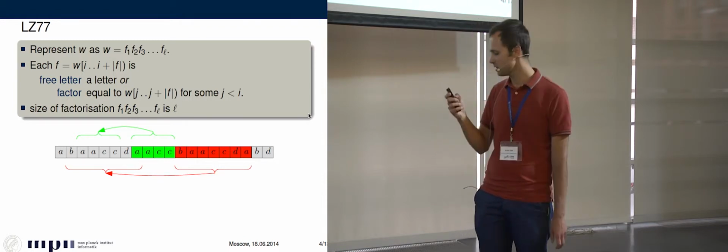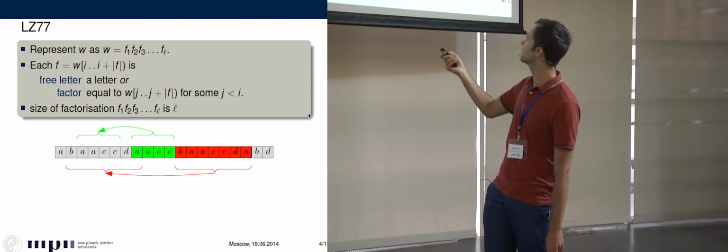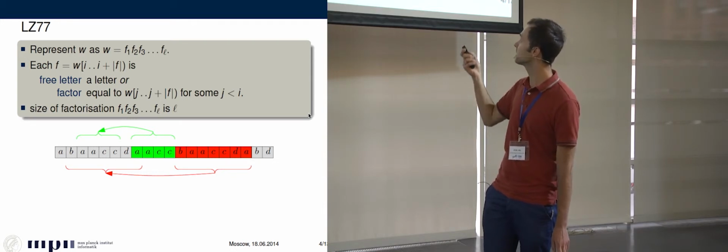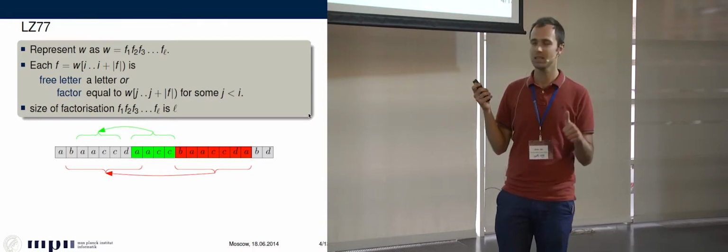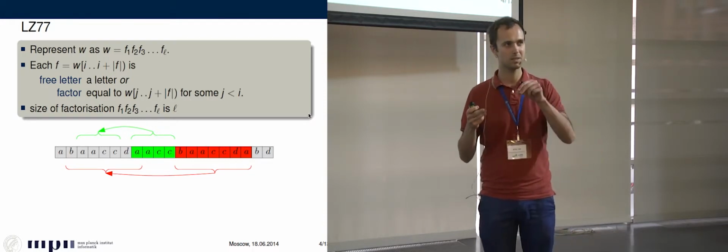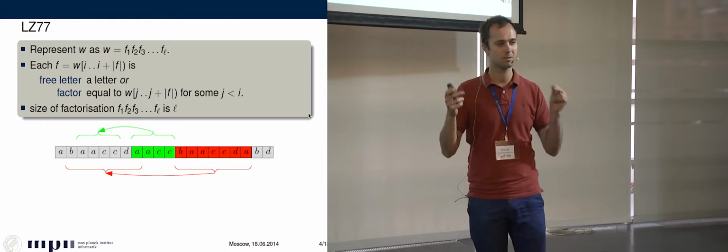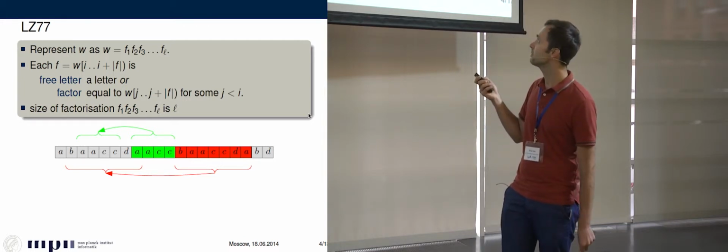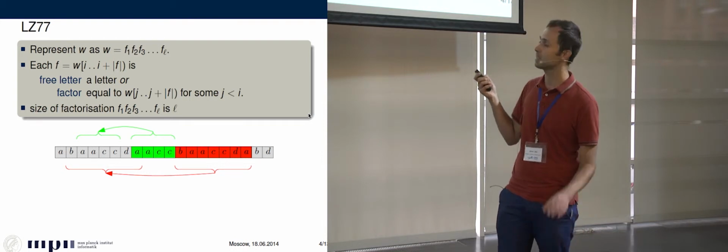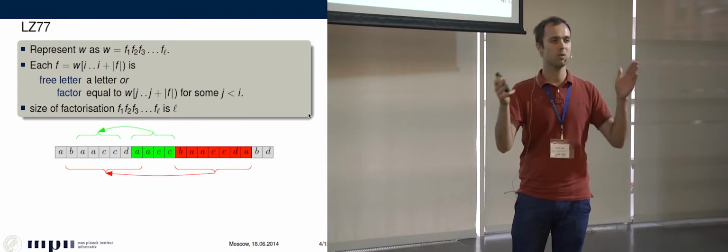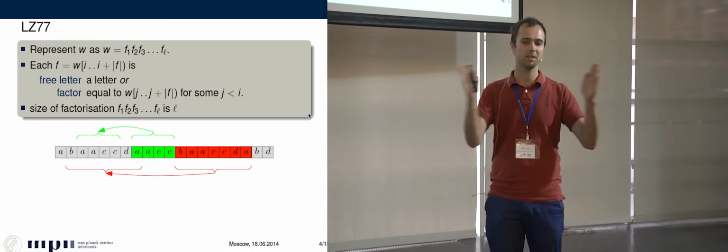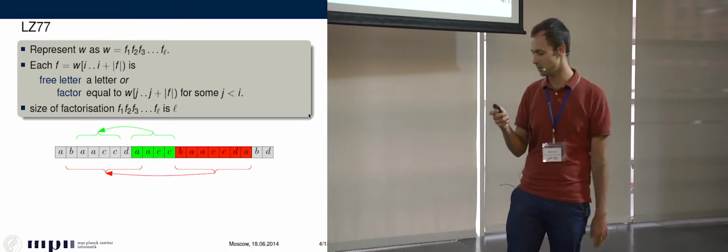If you have a word W, it's represented as a concatenation of F1, F2, F3, and so on, and each of those fragments can be either a single letter, which I will call a free letter so that it's distinguished from other letters, or it can be a factor, which means that this is some part which already appeared somewhere before. Those parts can overlap, that's okay.